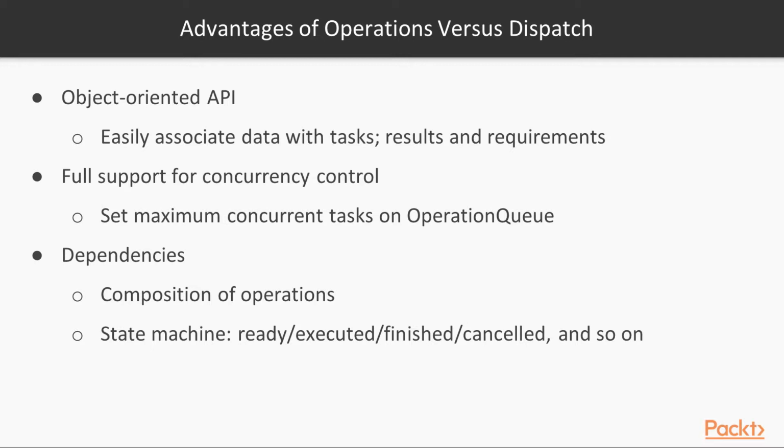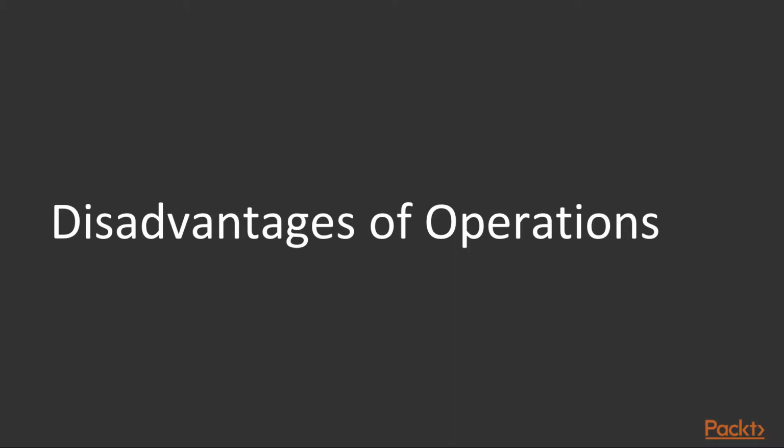Operations go through various transitions from being created, ready to execute, executing, finished, etc. Finally, it's also possible to set priorities between operations in queues, another example of the finer grained control we have with operations.